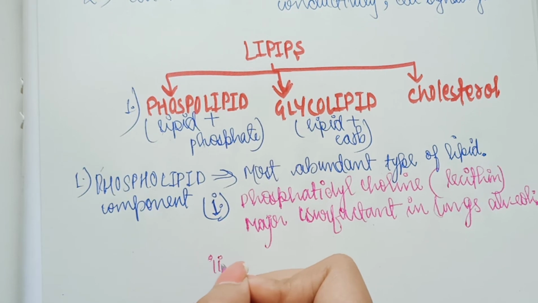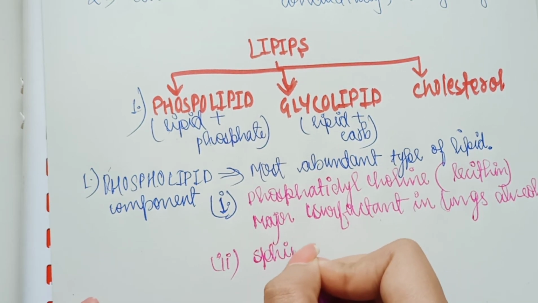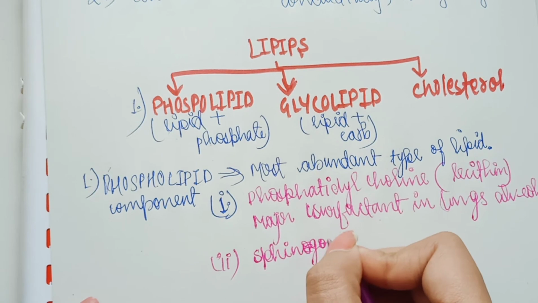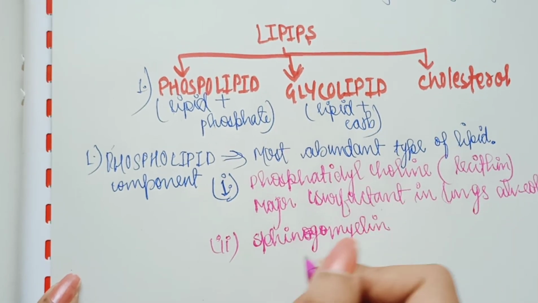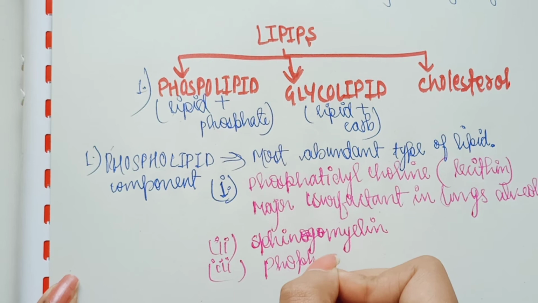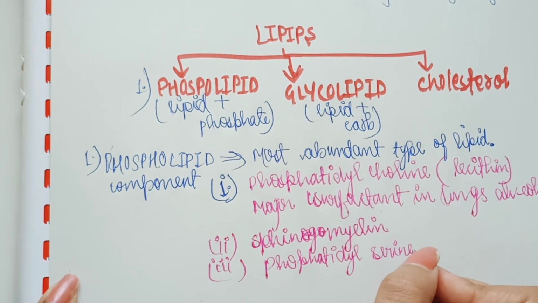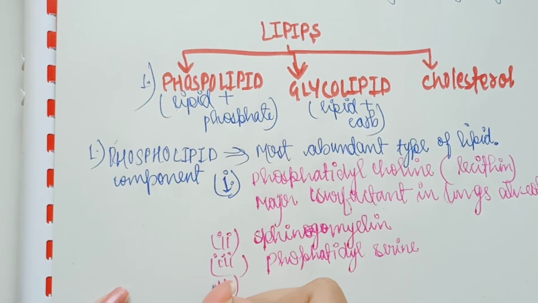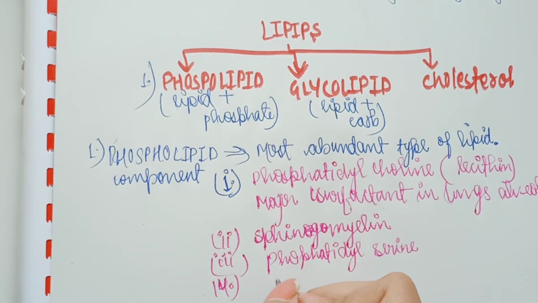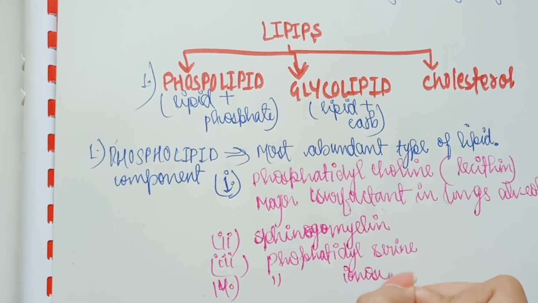Second we have sphingomyelin. Third we have phosphatidylserine. Fourth we have phosphatidylinositol.